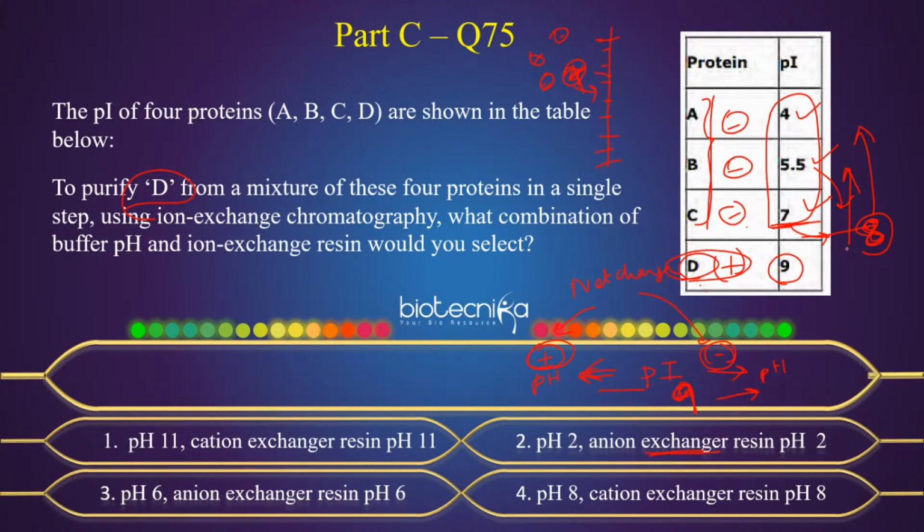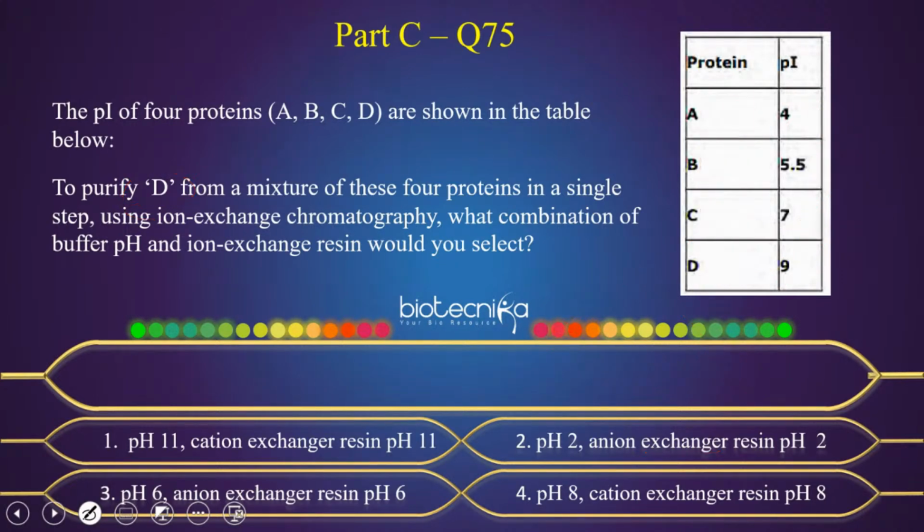That's why you select a pH which is less than the pI of D and more than the pI of ABC, so that ABC exist with negative charge, whereas D exists with positive charge. So that will be the answer. At pH 8, you have to select a cation exchanger, because at pH 8 your D will be positively charged. So you need an opposite charge column for that, and it should exchange cations.